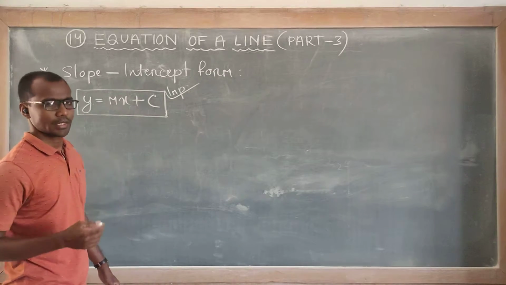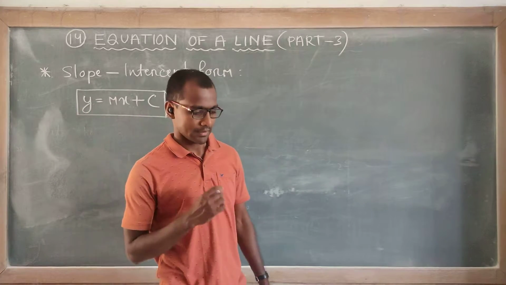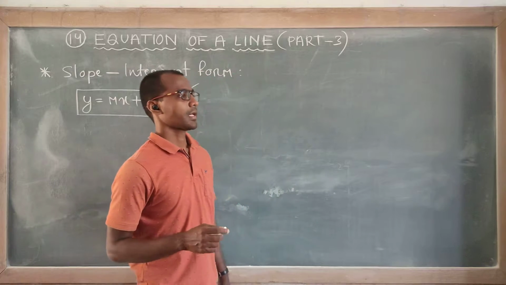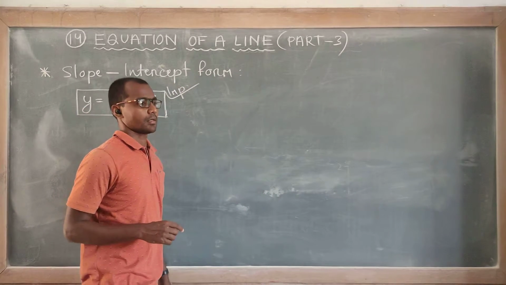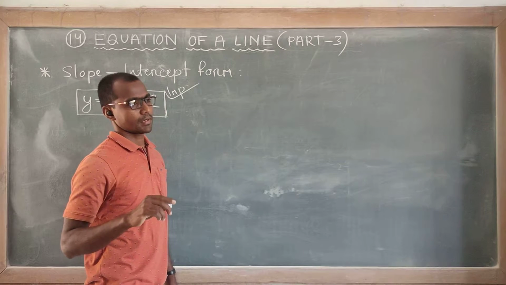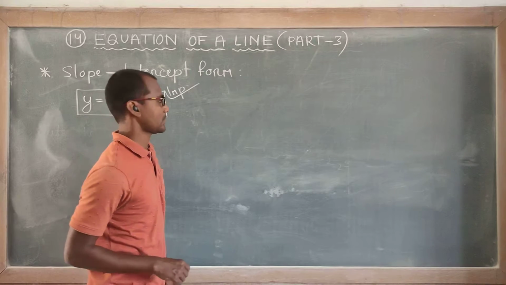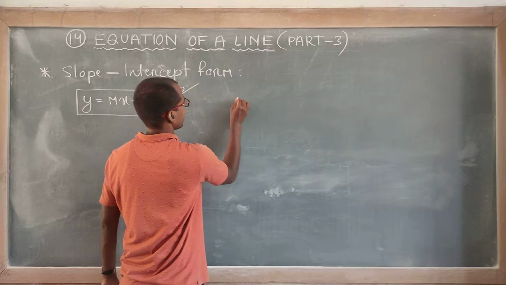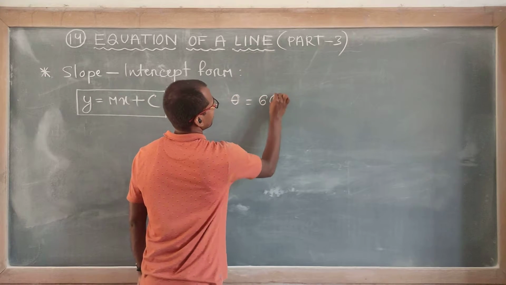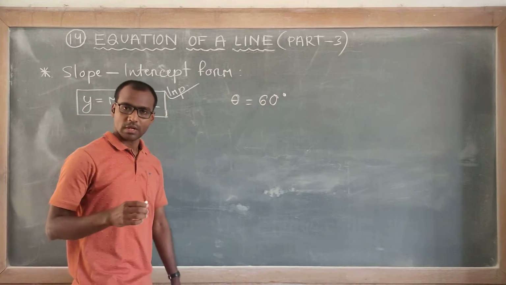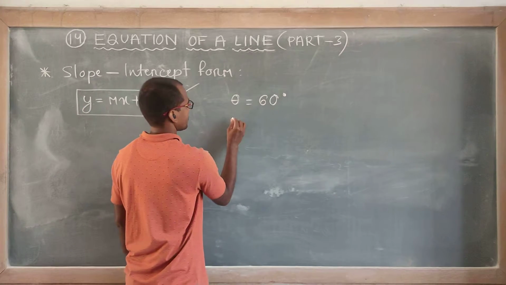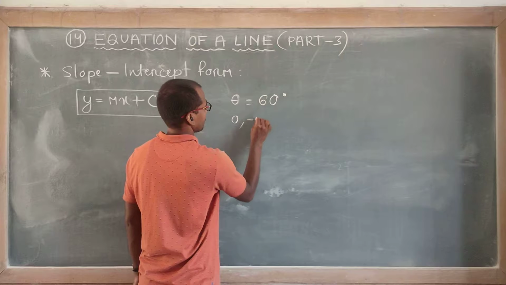Let us take an example and find the equation of the line. Suppose a line is making 60 degree with the x-axis, means its angle of inclination is 60 degree, and is intersecting the y-axis at 0, minus 3.